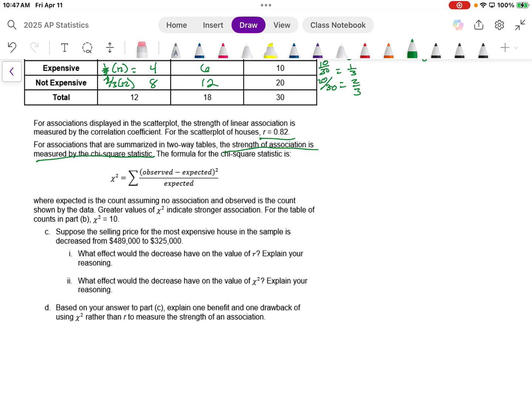Expected is the count assuming no association, and observed is the count shown by the data. The greater the value of chi-squared, the stronger the association. They tell us the chi-squared statistic is 10.